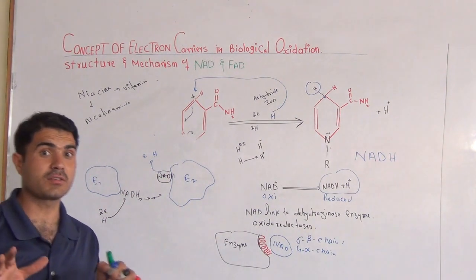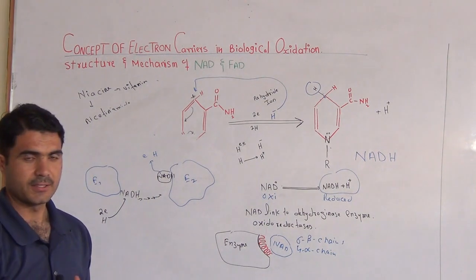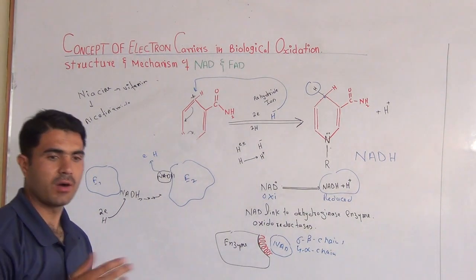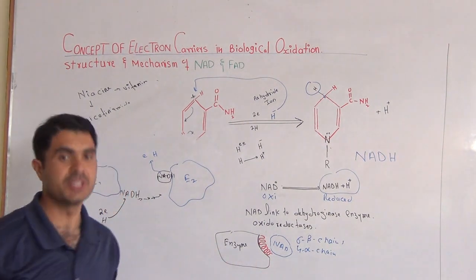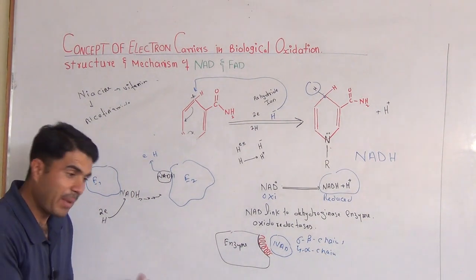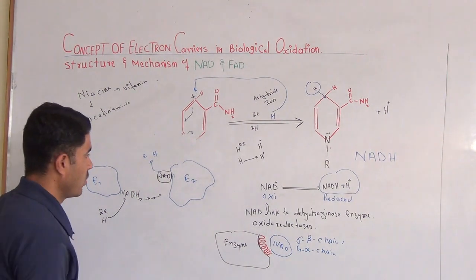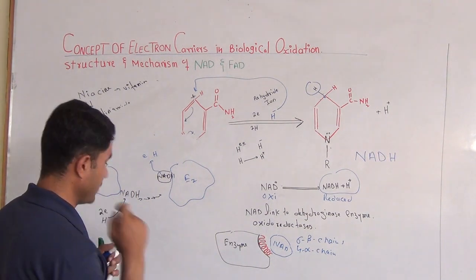This is the characteristic of the electron carriers. Most of the electron carriers can be reversibly oxidized and reduced. If it is oxidized at one side, it can be reduced at another side. So NAD can be oxidized and it can be reduced back. We have an example of this.